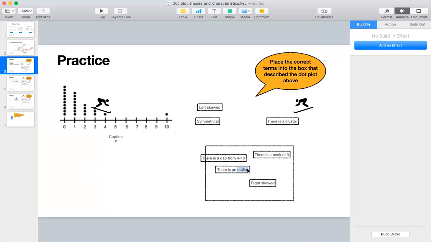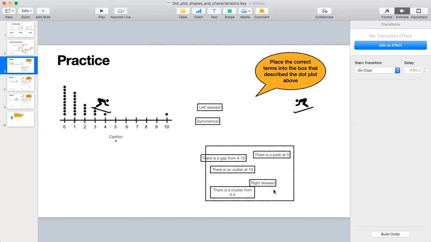There's an outlier at 10. And it is right skew. Do we see any cluster? Yeah, cluster from 0 to 3 or 4. There's a cluster from 0 to 4. Okay, so we're done with the first one.